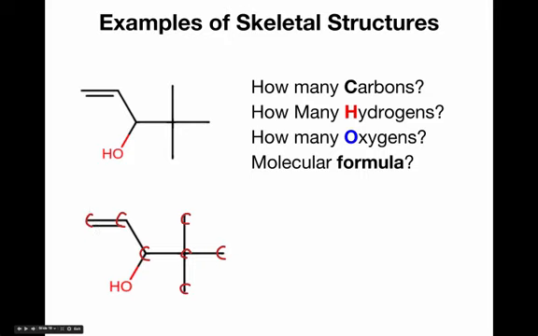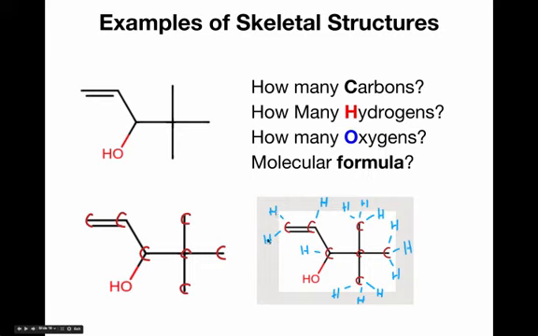So there must be 2 hydrogens attached there. There they are. This carbon over here is making 1, 2 bonds from this double bond. It's also making a 3rd bond that you can see, so there must be a 4th invisible bond to a hydrogen. This carbon as well, 1, 2, 3 bonds that you can see.